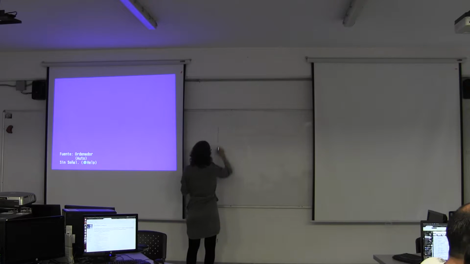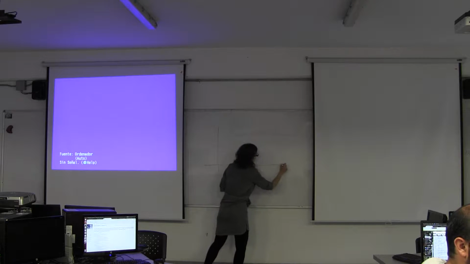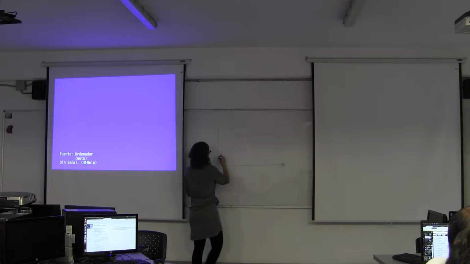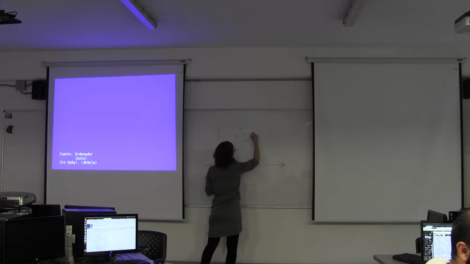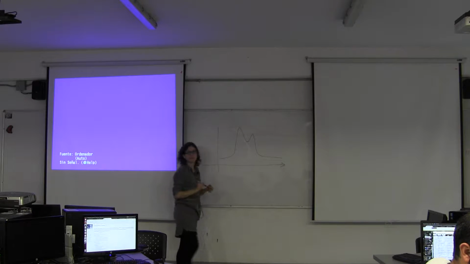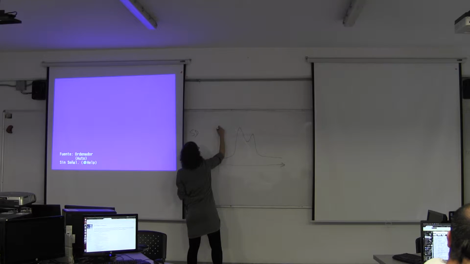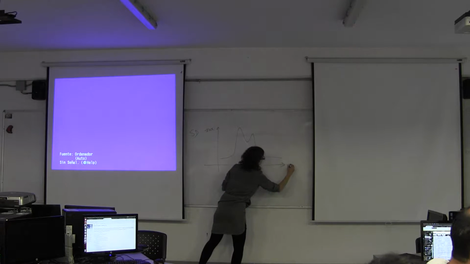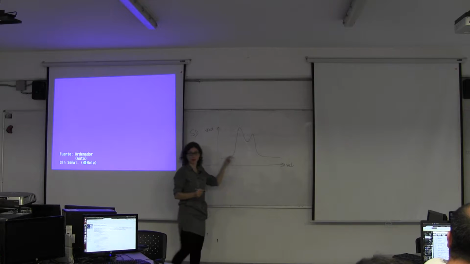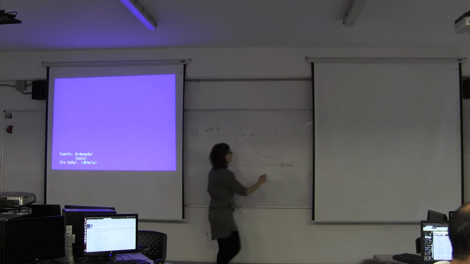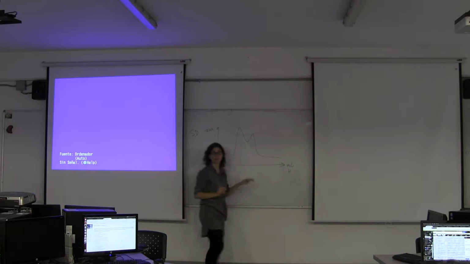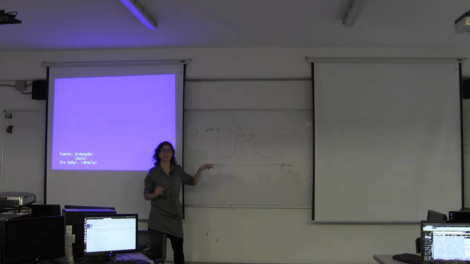So for single dish observations, what you basically get is already the profile, right? For single dish, you just have flux for every velocity, for every channel, for every frequency. This is what you get with a single dish.